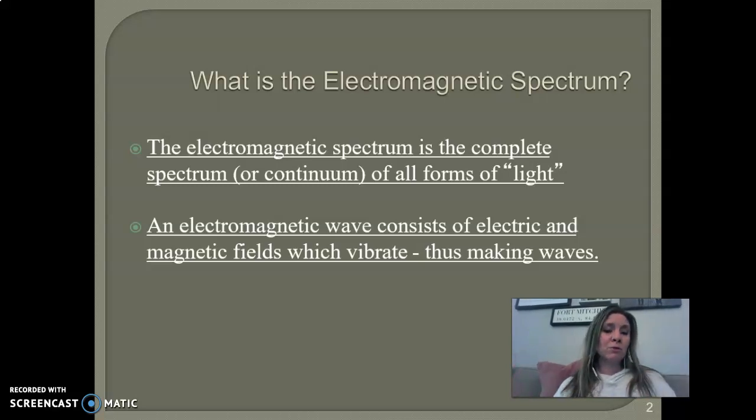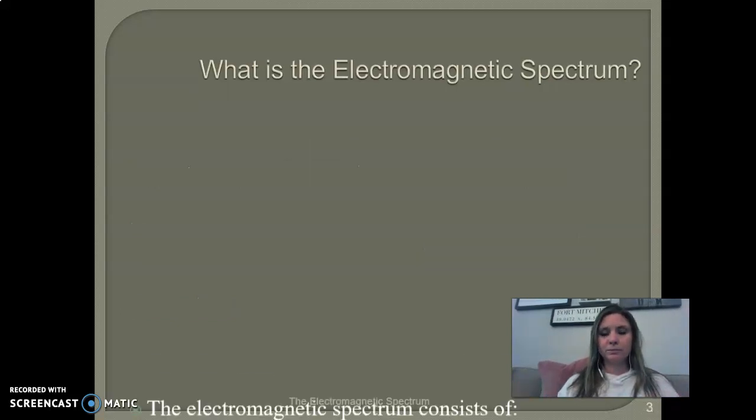Some are going to have very weak magnetic fields, radio waves, and we'll talk about what that looks like as well. And once again, they're vibrating, so the energy is always moving, vibrating really fast at high frequencies or really slow at low frequencies.